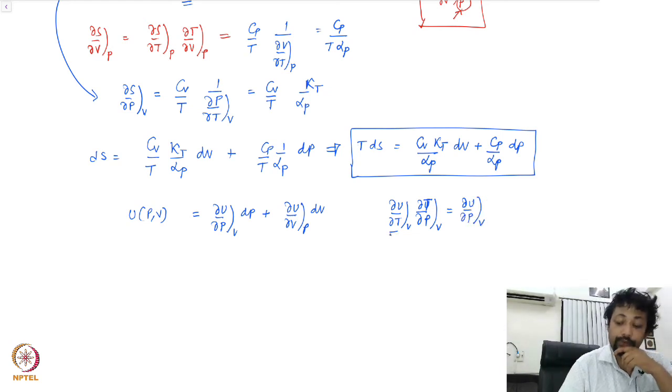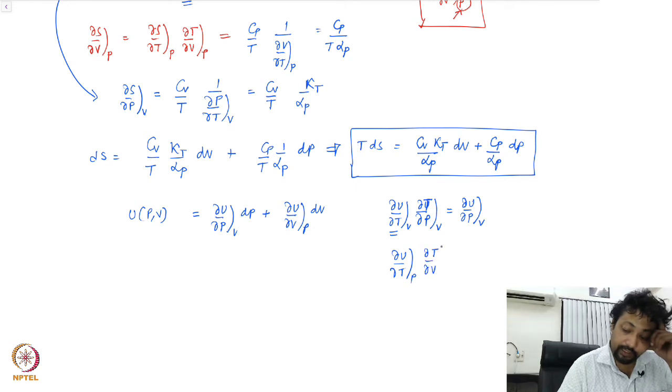So this one, you know, this is Cv. The other one is going to be del u del t pressure constant, and then you have del t del v pressure constant is equal to del u del v pressure constant.